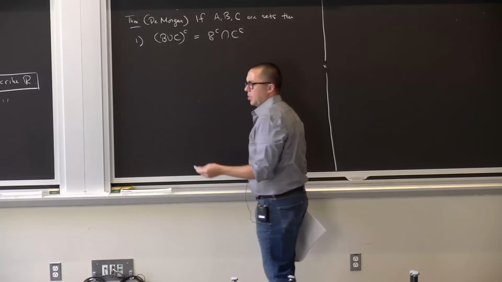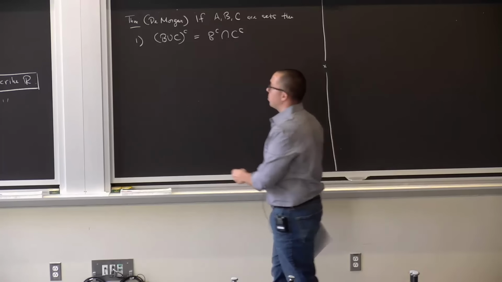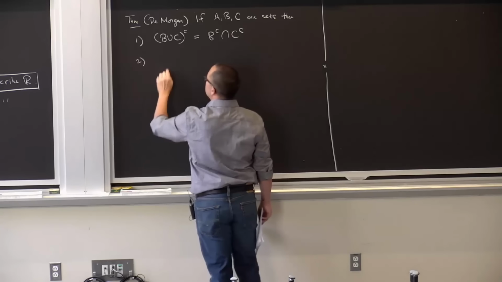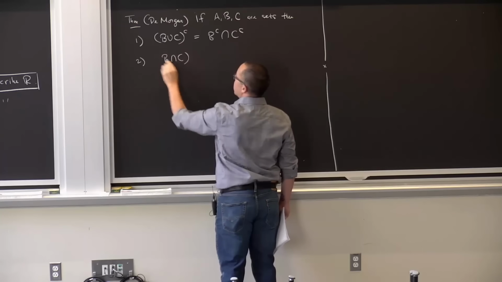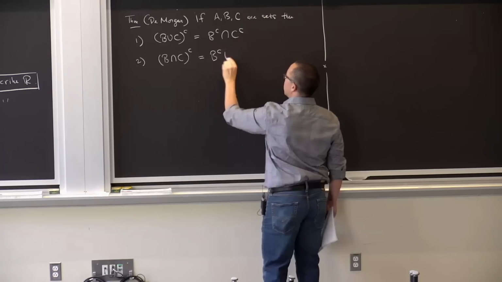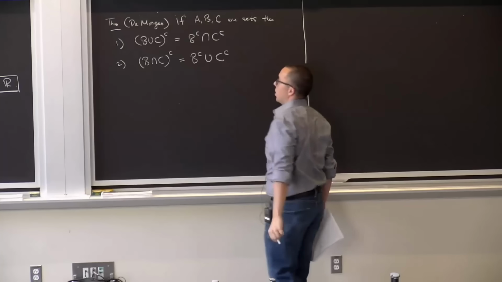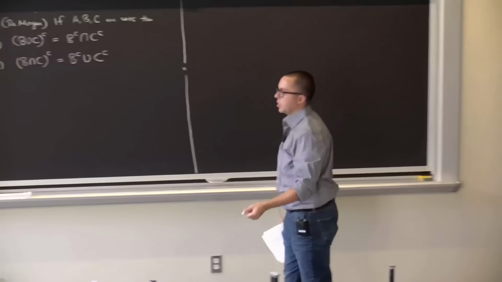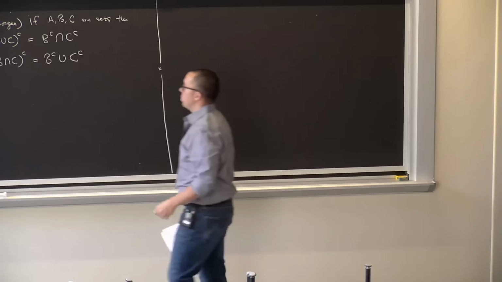So the complement of the union is the intersection of the complements. If I take their intersection and take the complement, this is the union of the complements. So the complement of the intersection is the union of the complements.